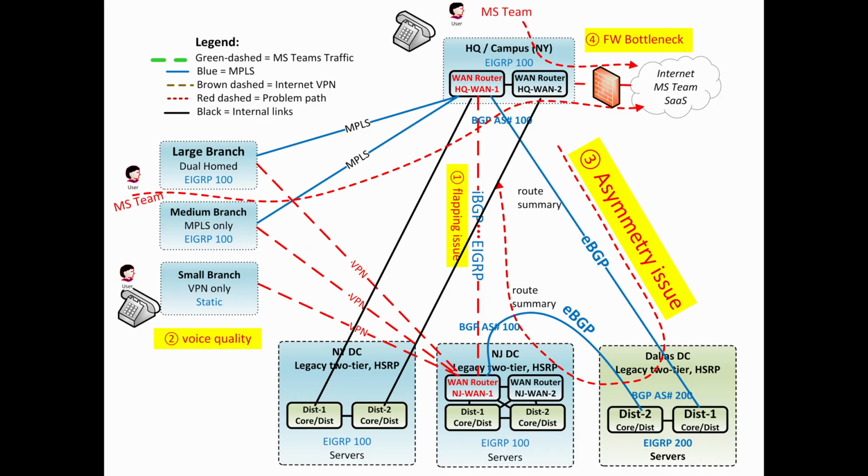However, if DIST-2 becomes the HSRP active device, Dallas server to DIST-2 to New Jersey to New York, now the traffic becomes asymmetric. At first glance, it appears that HSRP determines which WAN connection to use, but HSRP only determines the active gateway. HSRP does not make routing decisions. Since the WAN path is selected by the routing table, HSRP is not the root cause.